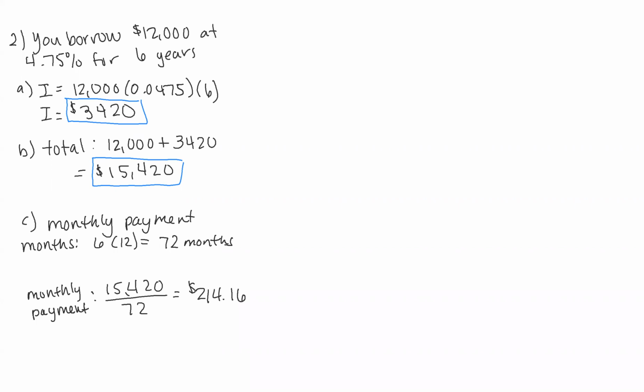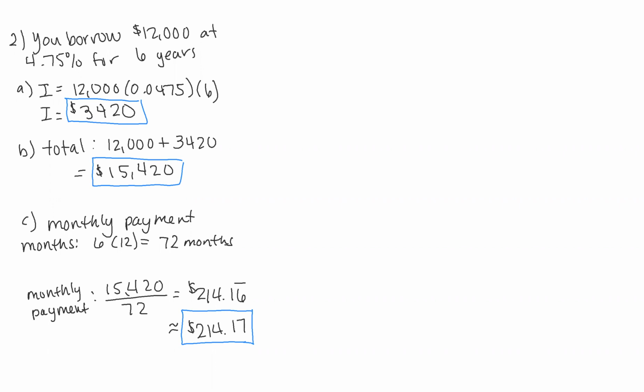Well, if I get 16 repeating, that means when I round this, I'm going to get $214.17. The fact that the 6 repeats tells me that I'm going to round up. So there is my final monthly payment on this loan. Okay.